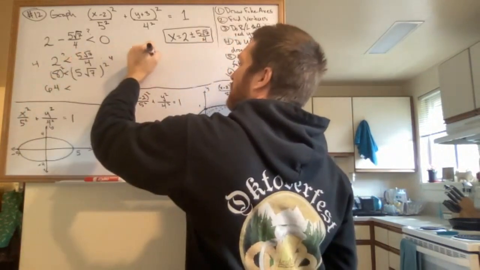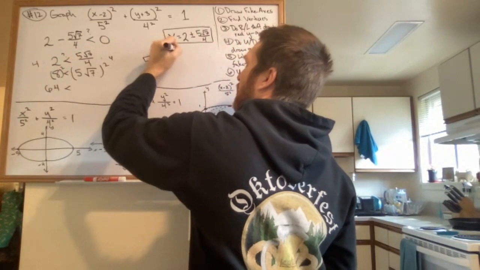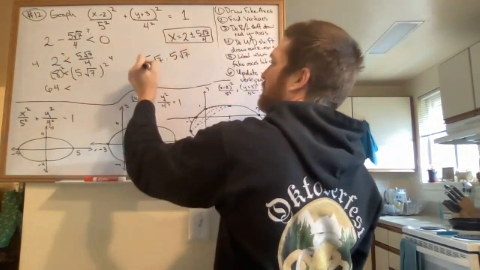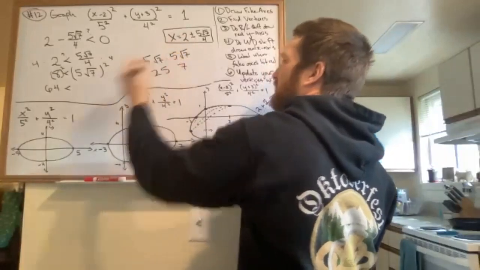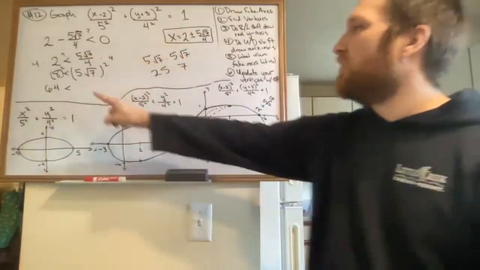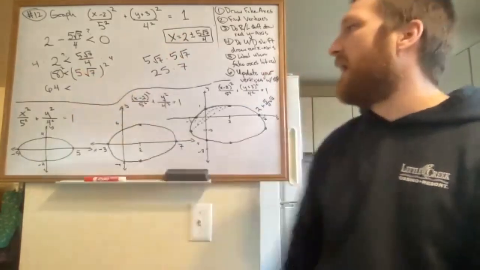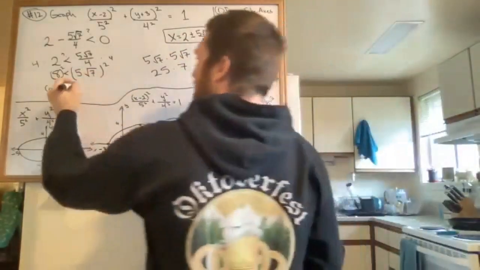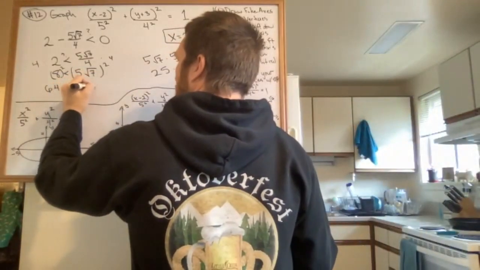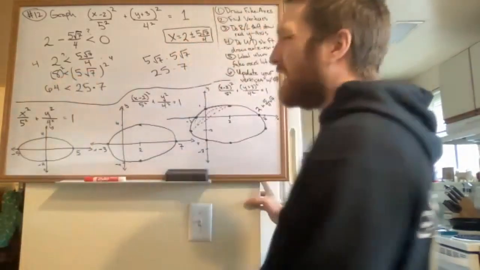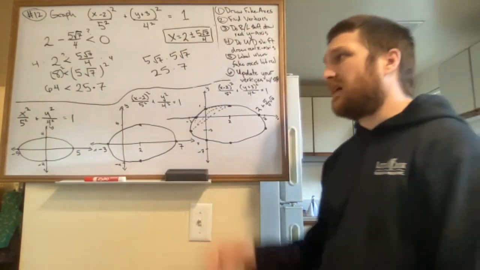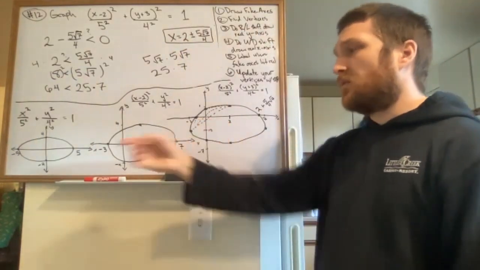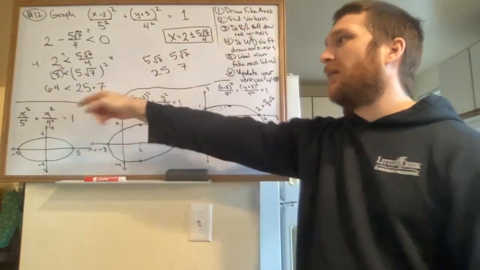Well, 5 root 7 times 5 root 7 is 5 times 5, which is 25, times root 7 times root 7, which is just 7. In other words, square that and square that: 25 times 7. And is 25 times 7 bigger than 64? I think so. 25 times 4 is 100. So yes, that's big.